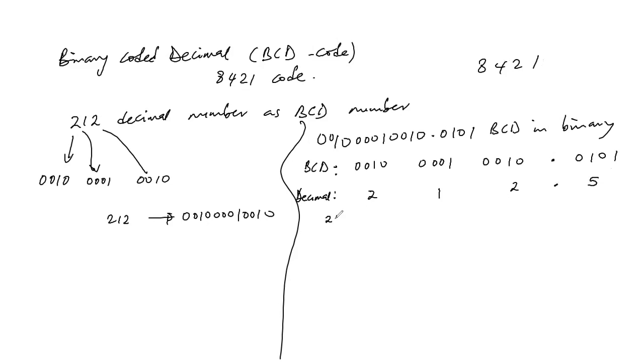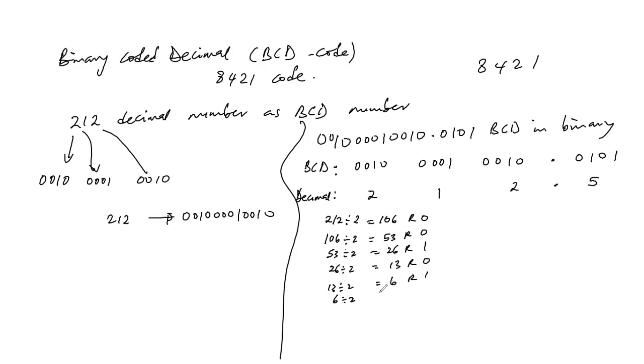So if we say 212 divided by 2, that is 106, remainder 0. 106 divided by 2 is 53, remainder 0. 53 divided by 2 gives 26, remainder 1. 26 divided by 2 gives 13, remainder 0. 13 divided by 2 gives 6, remainder 1. 6 divided by 2 gives 3, remainder 0. 3 divided by 2 gives 1, remainder 1.